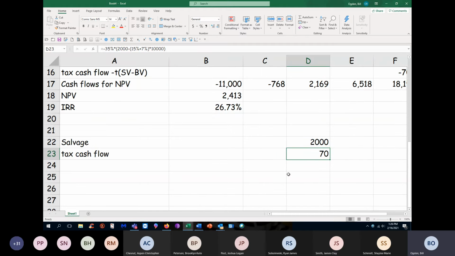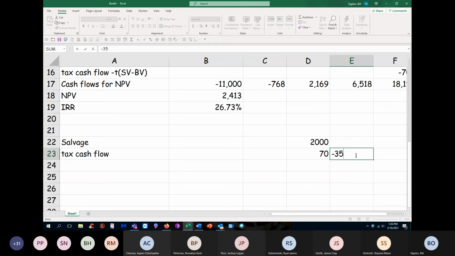So we actually sold it for less than book value, didn't we? Right, so what this amounts to, it's minus 35% times the difference, 2,000 minus, and then it would be 2,200, wouldn't it? 15 plus 7%, that's 22% times 10,000, which would be 2,200.